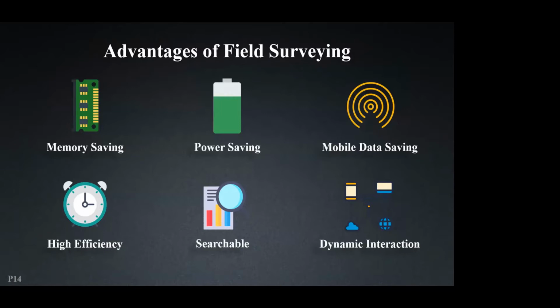The SuperMap template has the features of memory saving, power saving, mobile data service saving, and it is high efficiency, searchable, and dynamic interaction. All this makes it possible for you to collect the data in the field.